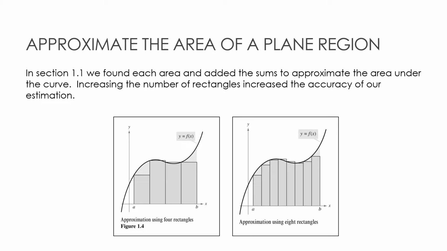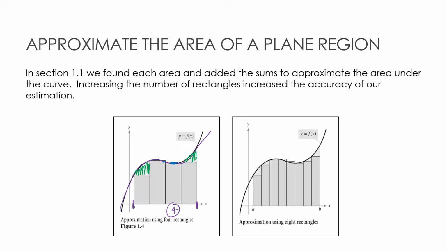Well, it's later. So notice if I have 4 rectangles trying to find the area underneath this curve from A to B, it leaves me with an undershot here and an undershot here, so a little bit less than what's correct at those 2 places, and then a little bit more here and here, but overall decent estimation.